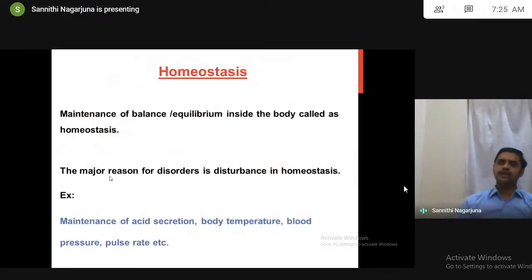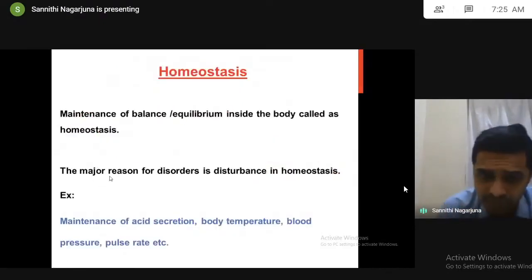Actually, what is the reason for these ulcers? Not only for the ulcers, I'm speaking here for any disorders. For that, we should know the word called homeostasis. This is very important.